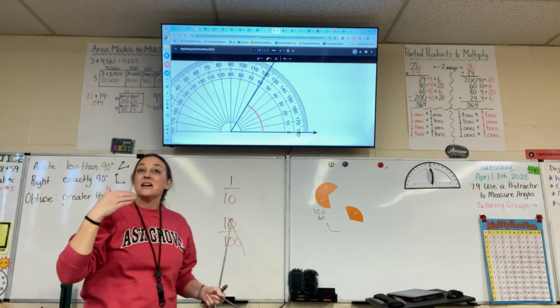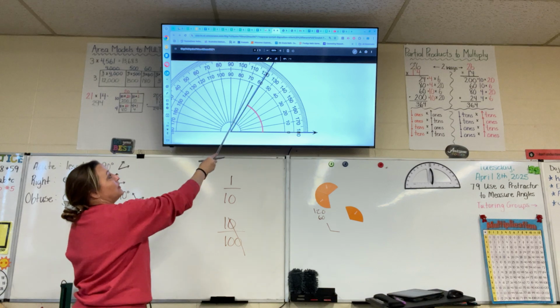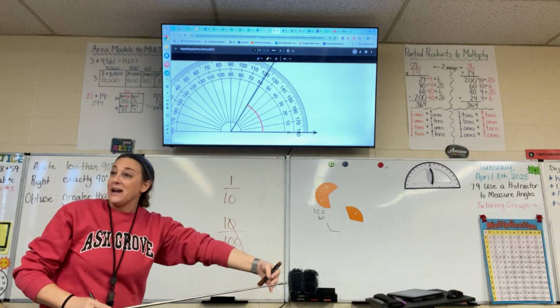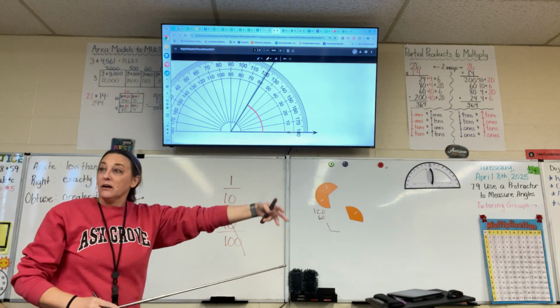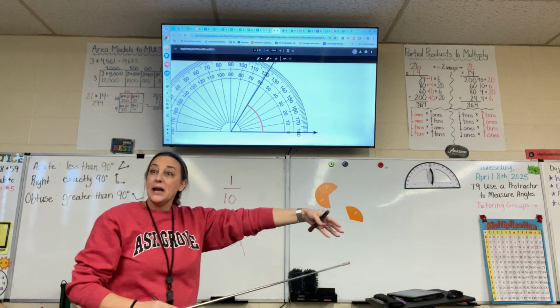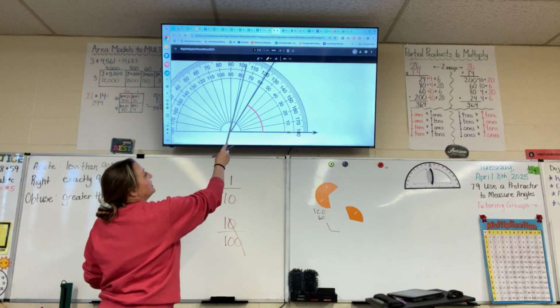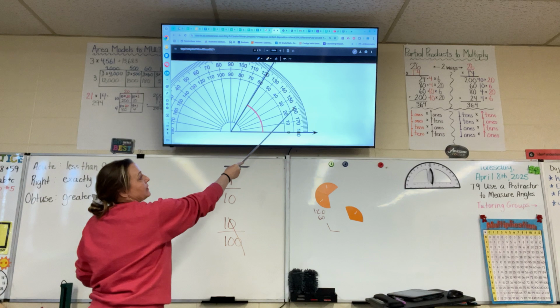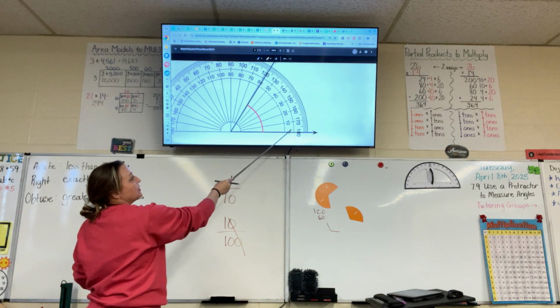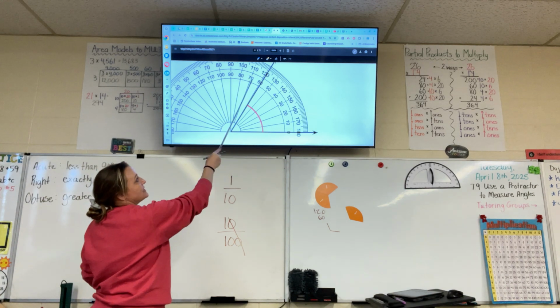61? Because normally when we go to the right, the numbers get bigger, right? Like on a number line. But on a protractor, some of the numbers are getting bigger as they go, but this other set is going down. They're getting smaller.